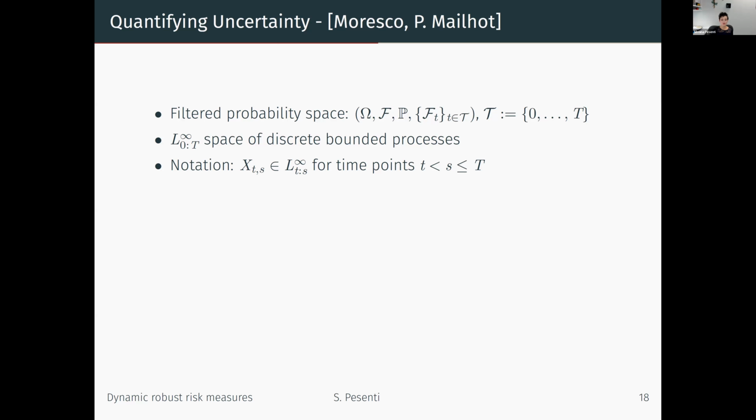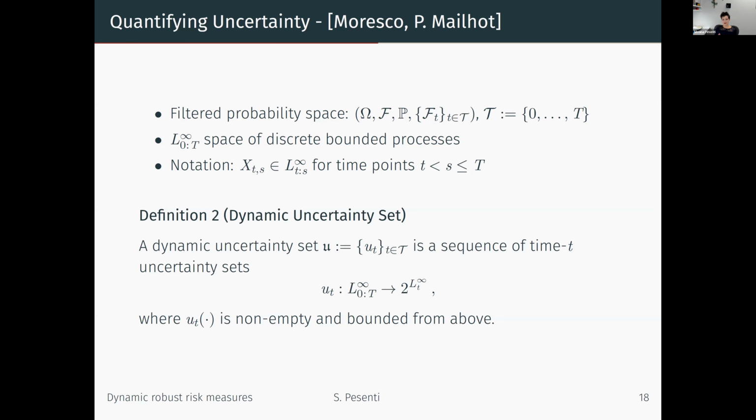The way we propose to define dynamic uncertainty sets is as follows. The idea is that now we have discrete points in time, and at every point in time, we want to quantify the uncertainty of the stochastic process. If you think about a static case, what is an uncertainty set?